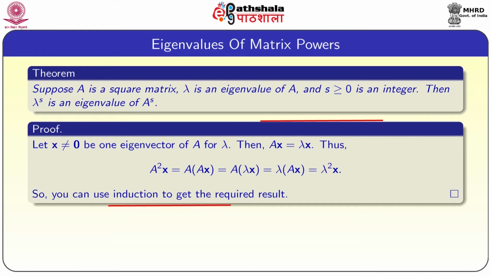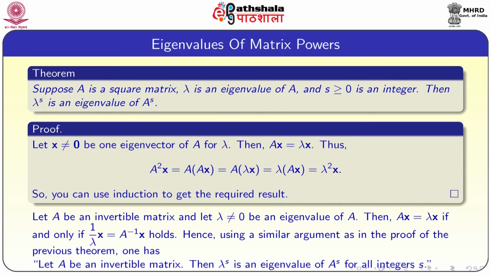Thus A square into x equals A into Ax, which equals A into lambda x, so lambda into Ax, but again Ax is nothing but lambda x. So we have lambda square into x. What we proved is A square x equals lambda square into x. So we can use induction on A power n to show that lambda power s is an eigenvalue of A power s.